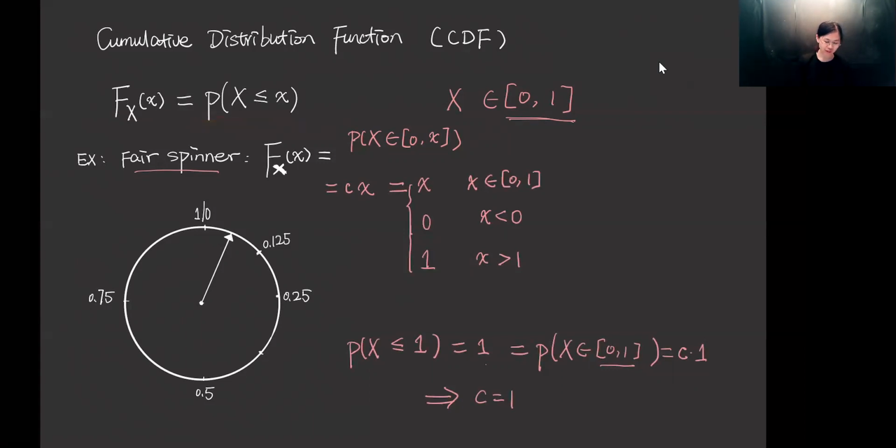So usually we write the CDF as a function that maps from the whole real line to the interval 0, 1. This is the complete representation of the cumulative distribution function of this X random variable in the fair spinner example.